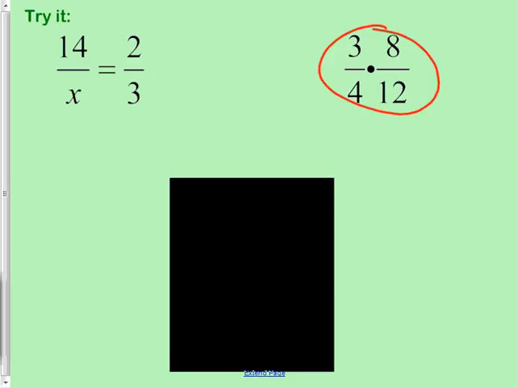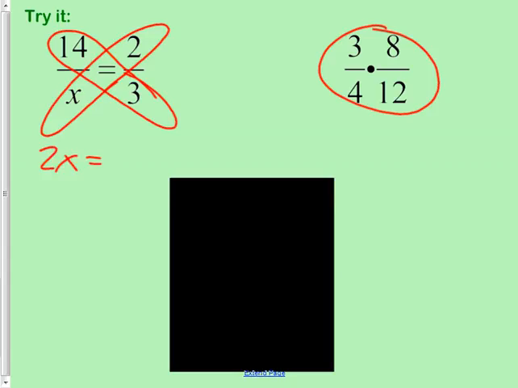Okay, here's how I would have done this. I would have checked quickly to see if there was a 3 in the 14 so that I could do some cross-canceling there. But that wouldn't have actually worked out too well, because I'm supposed to cross-multiply here. 2x equals 42. Now I can divide by 2.